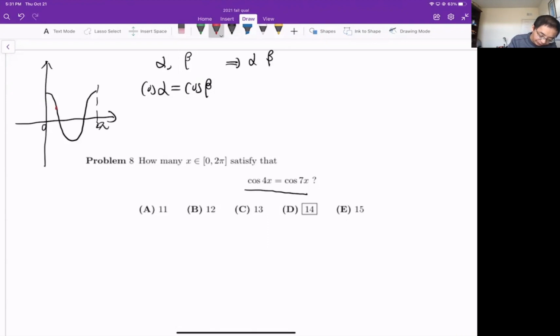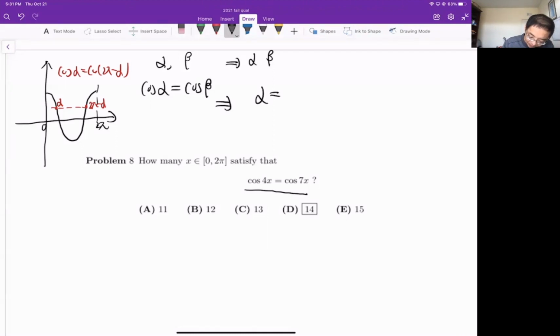And also, if this is alpha and this is 2 pi minus alpha, then the value of cosine is also the same. So cosine alpha equals cosine of 2 pi minus alpha. Therefore, if cosine alpha equals cosine beta, because of periodicity, we have two cases.